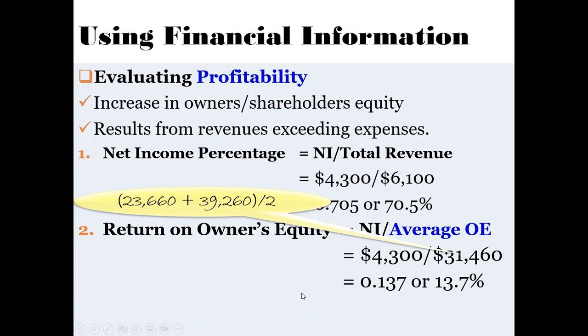But perhaps you could reason a minute or two about this return. The net income is 4,300. The average owner's equity is 31,460. When we look at the statement of owner's equity, we saw that the owner had made some additional investment in the business.